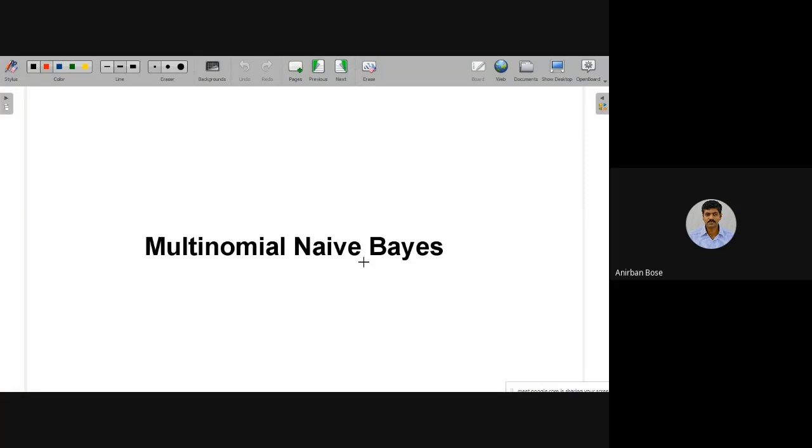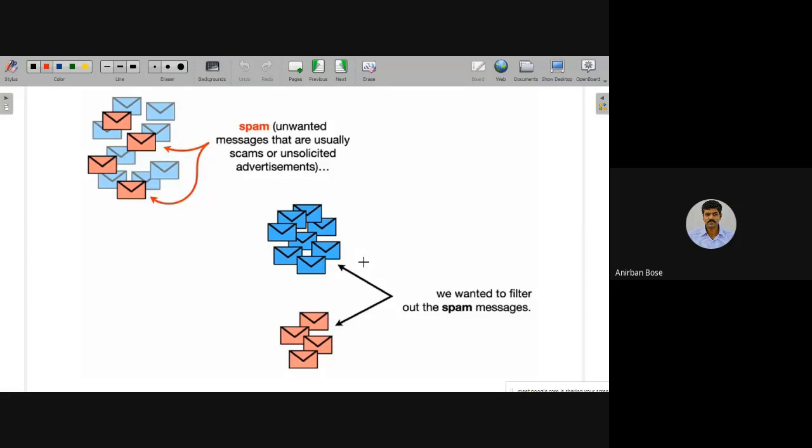If we only say naive-Bayes, in most cases people mean multinomial naive-Bayes, but there are other kinds also, like Gaussian naive-Bayes. Multinomial naive-Bayes is used in the case of discrete data, where different words are there in a sentence, for applications like spam filtering.